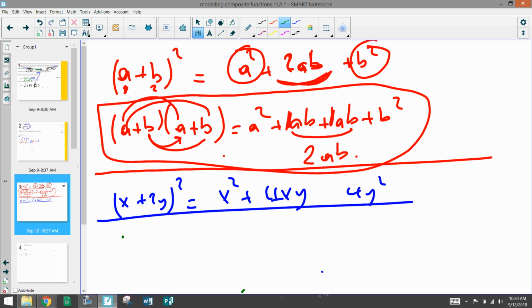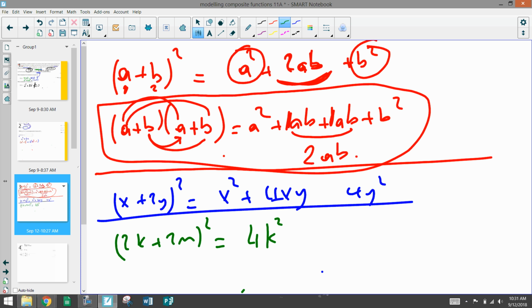One more example. 2k plus 2m parentheses squared. Take the first term squared, which is 2k squared. 4k squared. Take both. That 2 affects both things. 2 squared and k squared. 4k squared.